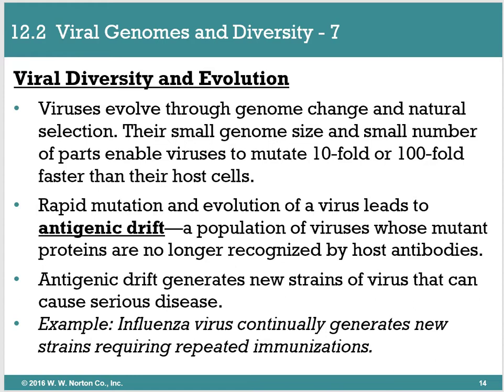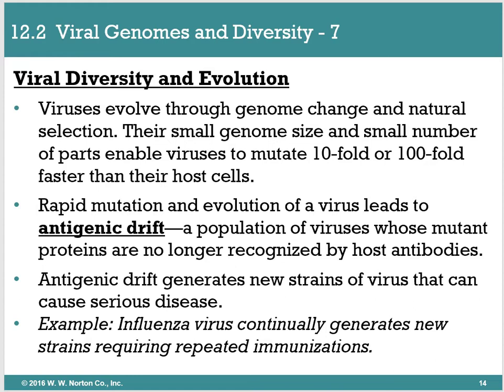And we'll talk about antibodies more in two chapters after this. But antigenic drift will specifically generate pretty much a whole new virus. So that's primarily why influenza is always having to get new vaccines, because it constantly undergoes antigenic drift.